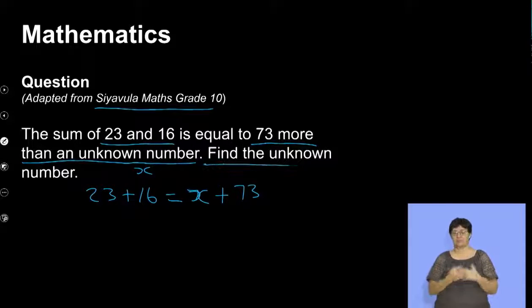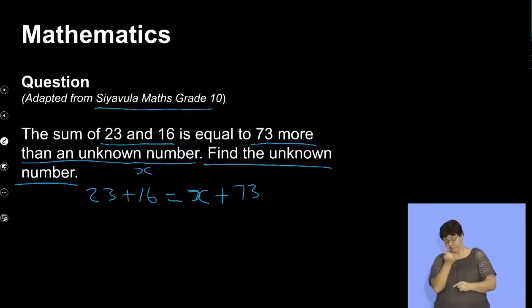And then the question is, find the unknown number. To do that, already I've set up my equation, right? So the unknown number, I've let it be x. You don't need to say let it be x, because already there is an unknown, and under mathematics, most of the time when you have an unknown, we use x for that. So on the left-hand side, I will have 23 plus 16, which will then give me 39.